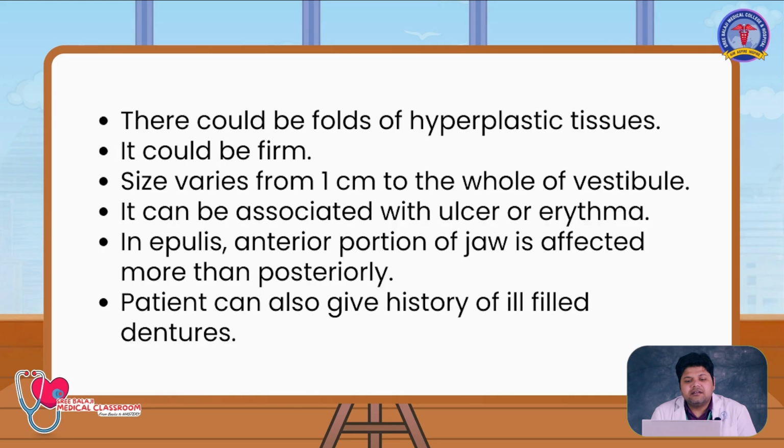The redundant tissue is firm and fibrous, and the size is 1 centimeter to the whole of the vestibule. It may appear ulcerated or erythematous, and the anterior portion of the jaw is affected more than the posterior portion. This is an important thing. Another thing is that it is associated with a history of ill-fitting dentures.